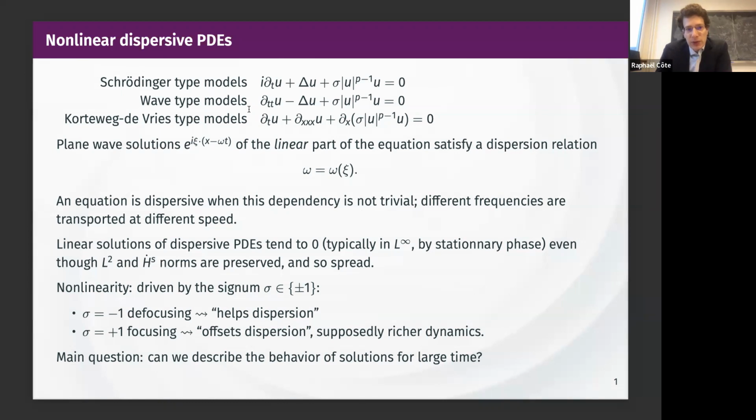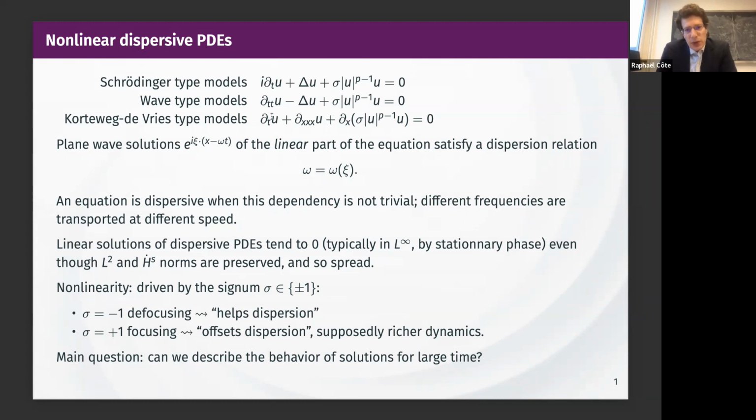Typically the wave equation will spread on the light cone, so at time t the solution is concentrated on the sphere of radius t. Schrödinger type solutions will spread on a parabolic model, and so on.